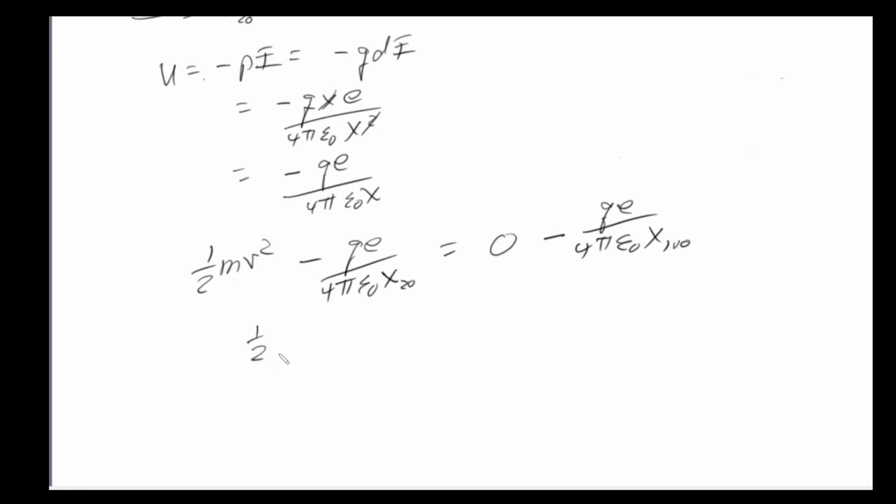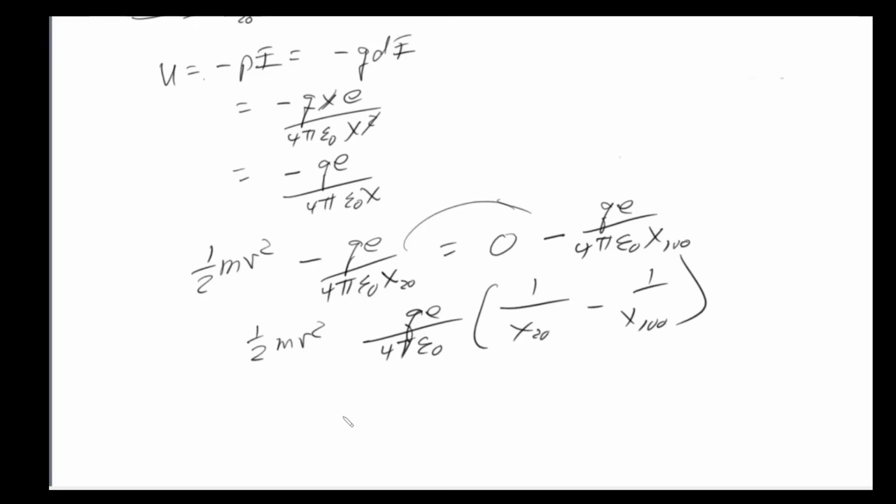So we can then bring this value over to this side of the equation, and we get 1/2 mv squared is equal to QE over 4 pi epsilon 0 times 1 over x at 20 minus 1 over x at 100.